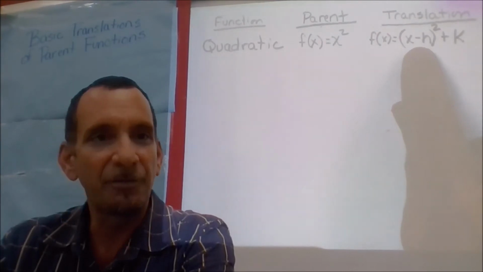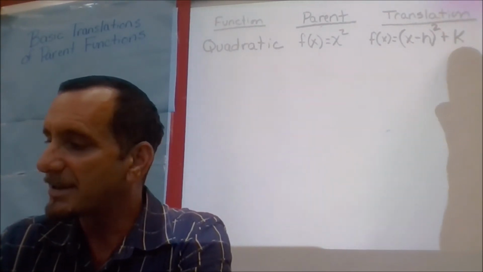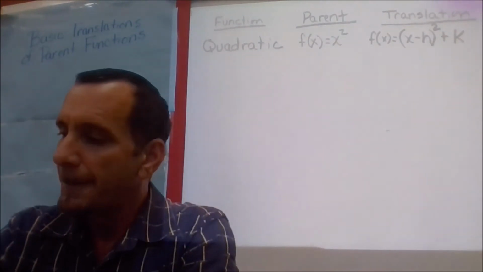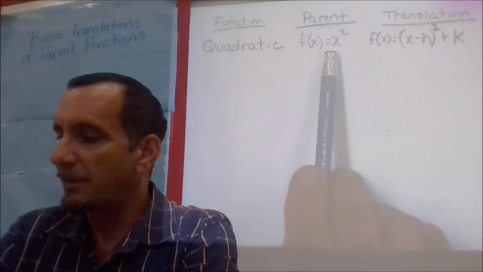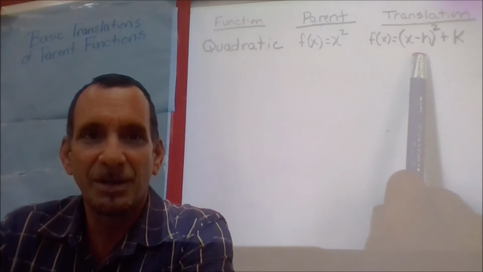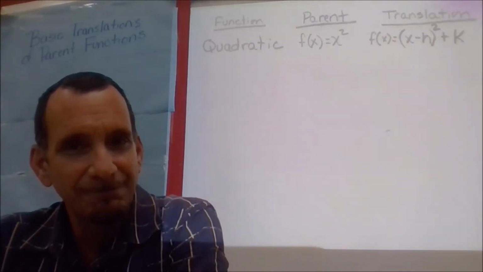And you have to be careful with this minus. This is the left and right translation, and this is the up and down all out there by itself. Now, we recognize the parent function of a quadratic function and the basic translation of the function, and now we're going to look at that for some other functions.